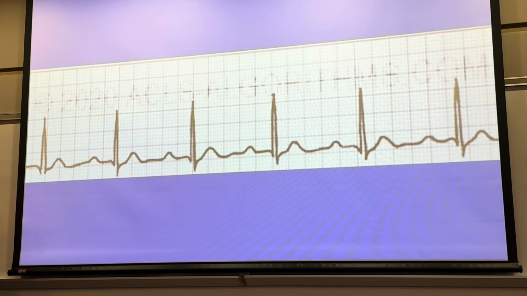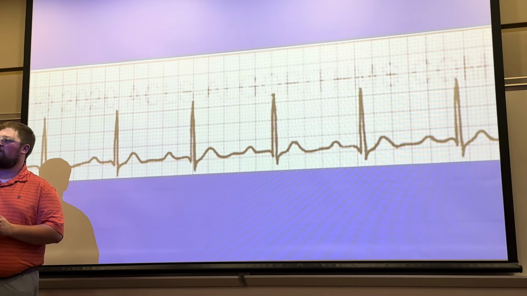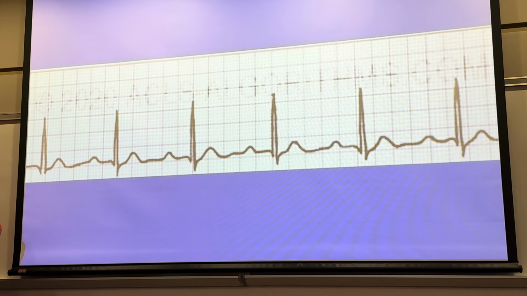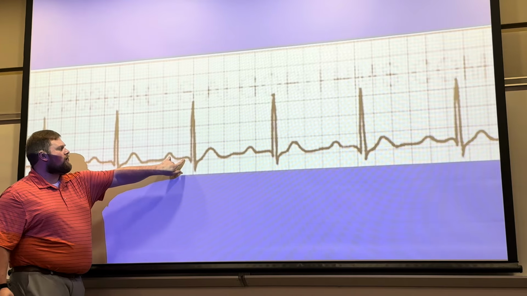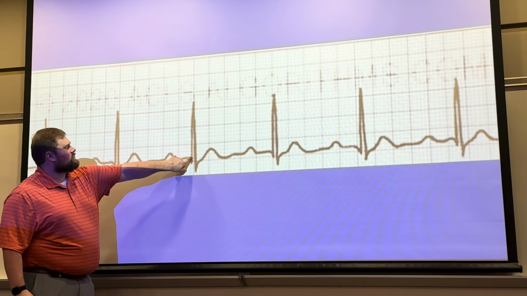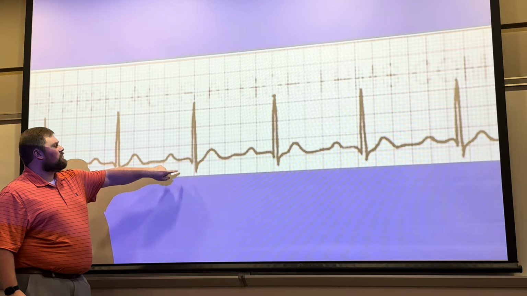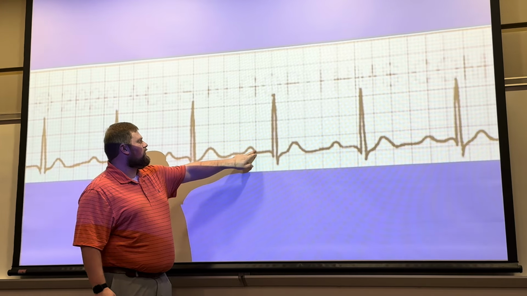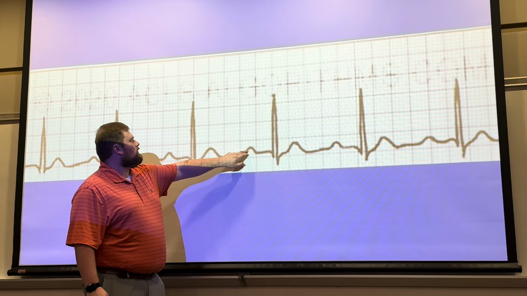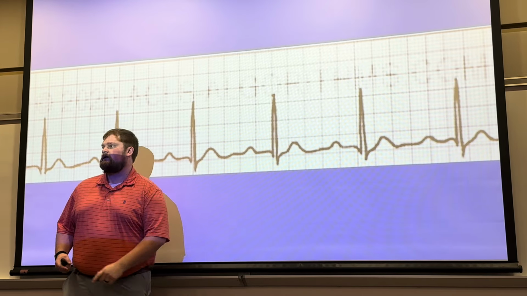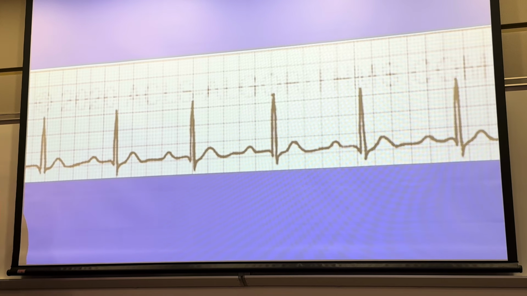So, remember our PR interval is 0.2, or one big box, right, of our EKG strip. So if we look at our PR interval right here, see how it's more spaced out than this one big box? Same here, PR interval bigger than one box. So I just have a prolonged PR interval.